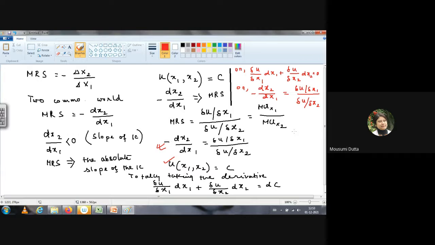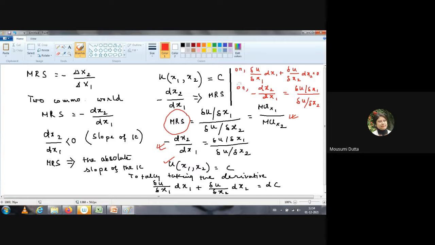And from there, we are getting minus dx2 by dx1 is the ratio of marginal utilities. We are calling this the MRS, marginal rate of substitution. So the entire thing is same. Minus dx2 by dx1 is equal to MUx1 by MUx2, and this is nothing but the marginal rate of substitution, MRS.